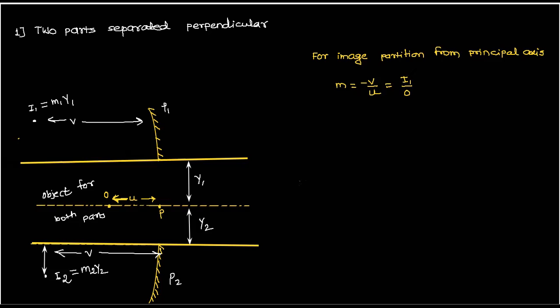O is what? Y1. So therefore this is equal to I1 by Y1 and therefore this I1 is equal to M times Y1.